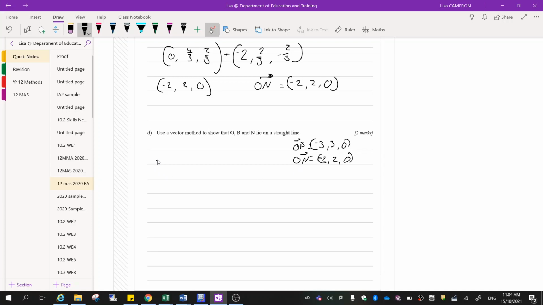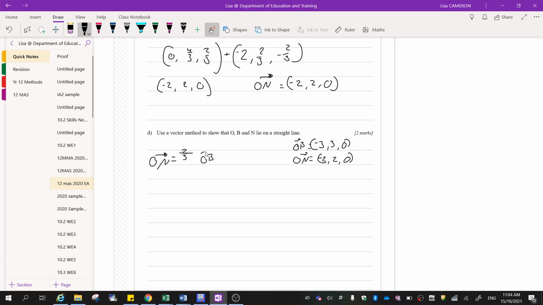So if OB is actually equal to... Okay, let's do it the other way around because I can't really be bothered to do that type of math in my brain right now without a calculator. ON, this is going to be easier, is actually equal to 2/3 of OB.